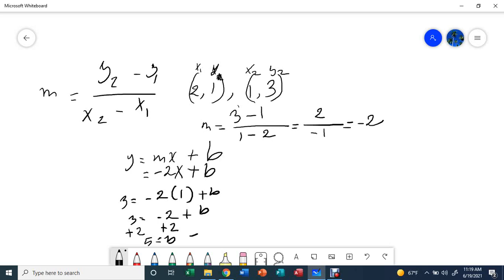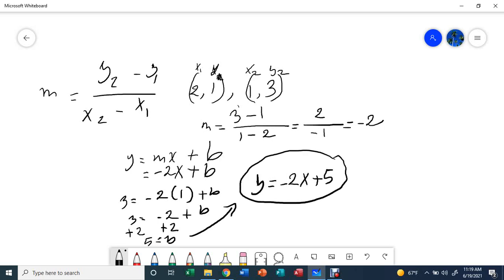So the equation now for this line is y equals negative 2x plus 5. So that's the equation of the line that passes through the points (2, 1) and (1, 3) using the slope-intercept form.